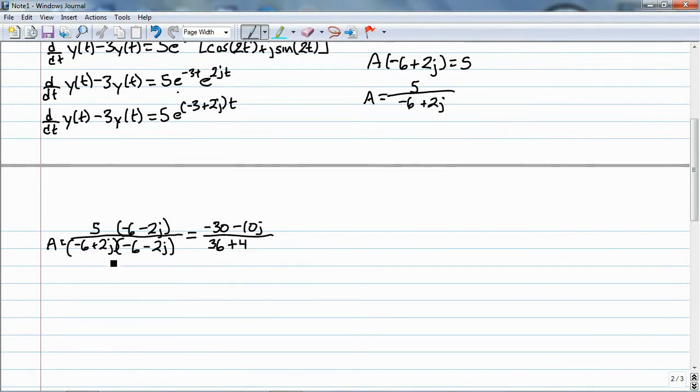If you need to see how we got this, you can go look at the videos on imaginary numbers in the prep video area. Also check some of the other videos where I've done imaginary numbers. But this is how you get to it. So now I can simplify even more. And that's my A coefficient.